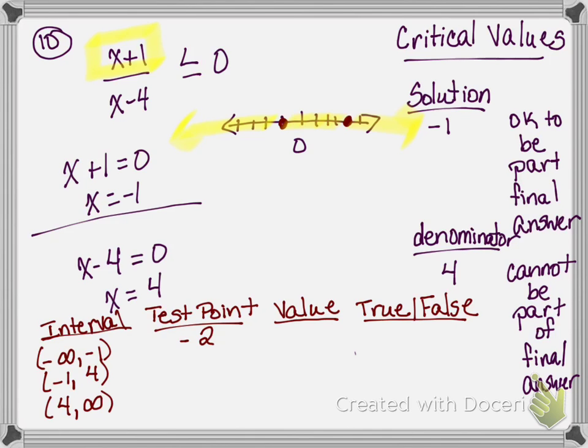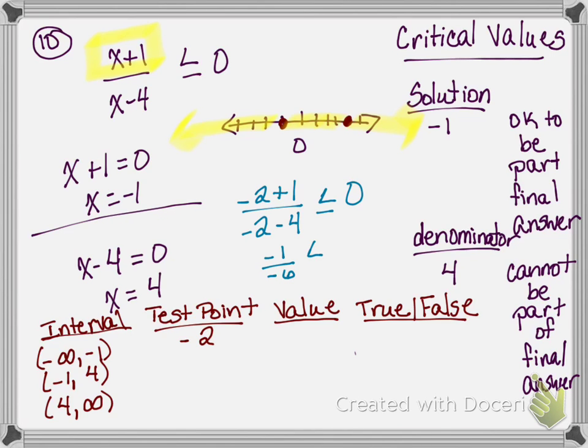So let's do this in just a slightly different color so we can see what's going on. So I have negative 2 plus 1 over negative 2 minus 4, and that's less than or equal to 0. Negative 2 plus 1 is negative 1. Negative 2 minus 4 is negative 6.